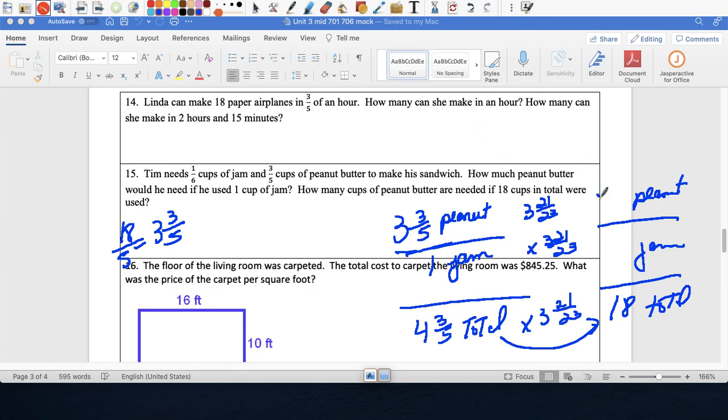We get 14 and 2 over 23, which in this one should be 3 and 21 over 23, right? Which is exactly what it is, because 1 times 3, 21, 23 is that, and if you add them up, you get 18. So we're good.